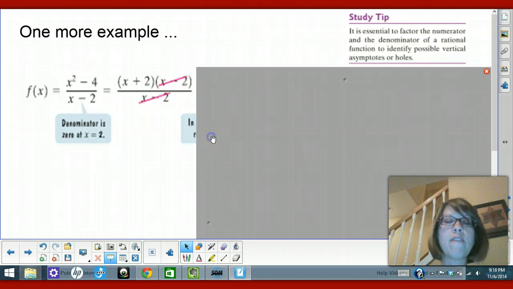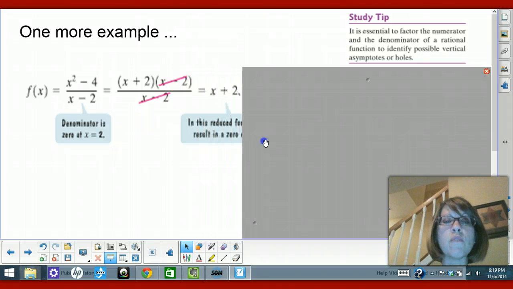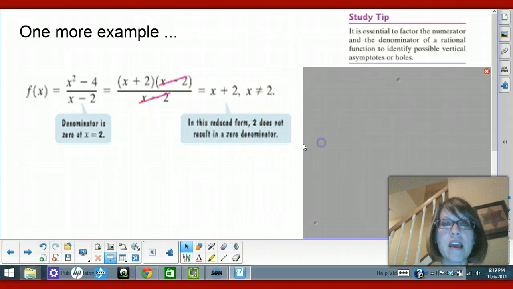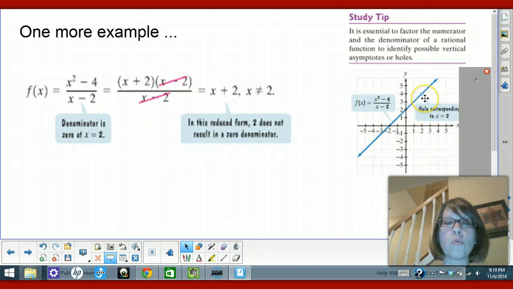Okay, so when we factor this, we see that the x minus 2's cancel. Remember, that's what we call a removable discontinuity. If it's removable, then that means that x equals positive 2 produces a hole in the graph. Okay, so here's where x is 2, and we have this hole in the graph.